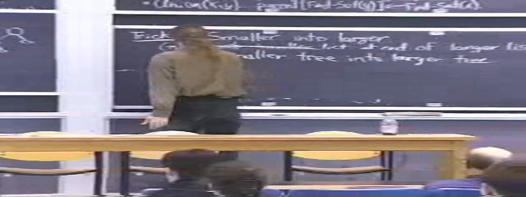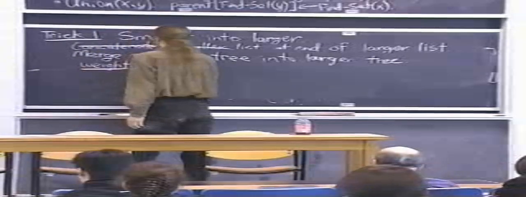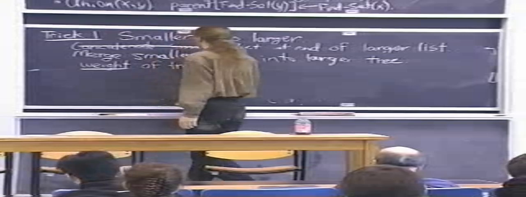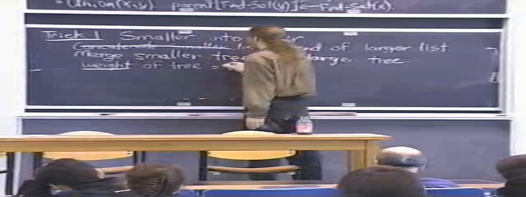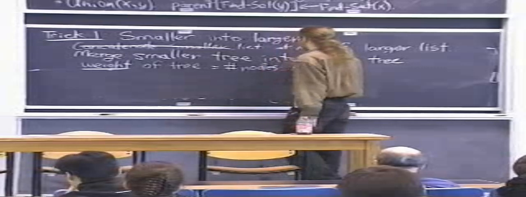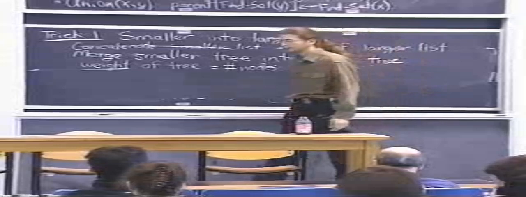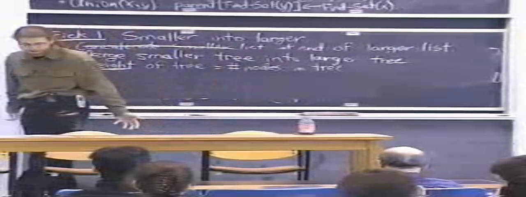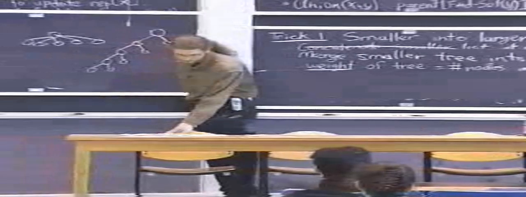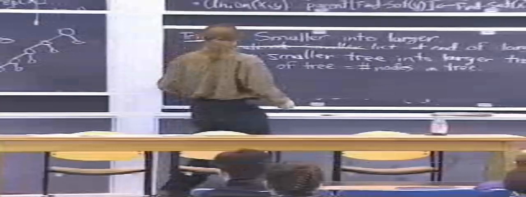So again, you have the weight of a tree, and that's just the number of nodes. So I'll take the smaller weight tree, put it into the larger weight tree. Easy idea. Again, we can prove that it's logarithmic. Here it's even easier. So this is trick 1 again.